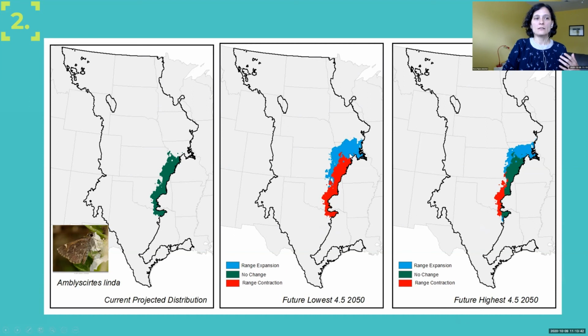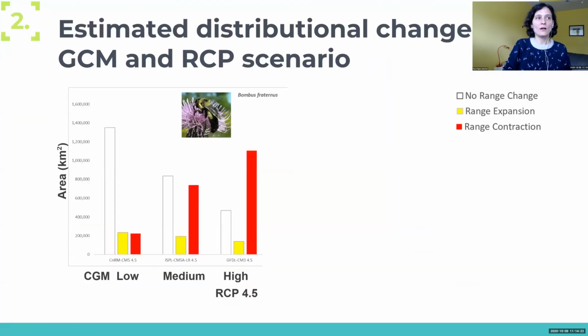This is what is lost, and in blue, this is the area that will be climatically suitable under this global circulation model. Now, if we look at the high change global circulation model, the range expansion is smaller, and the range contraction is smaller, but the no change is actually higher than in the lowest GCM. So it's slightly unexpected.